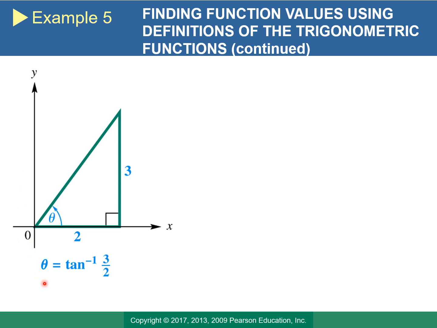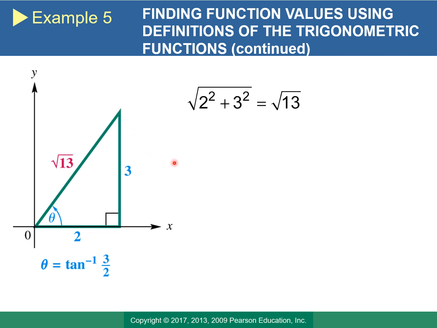Remember, tangent is opposite over adjacent side for our triangle. So for our triangle here with angle theta in this corner, this side's 3, this side's 2, and we use the Pythagorean theorem to get our hypotenuse, which is square root 13.